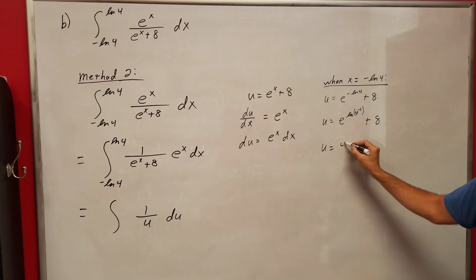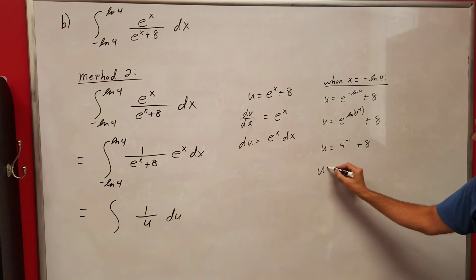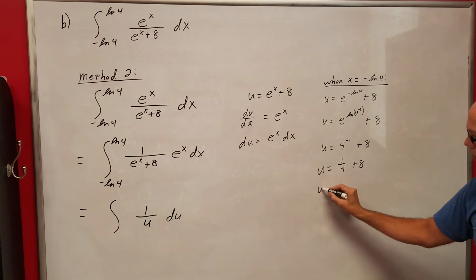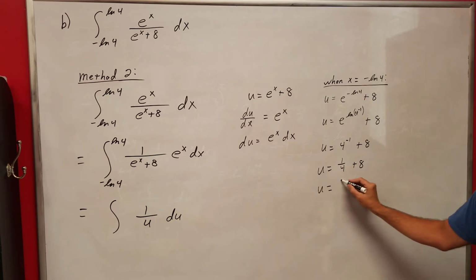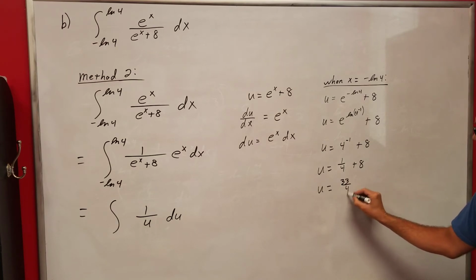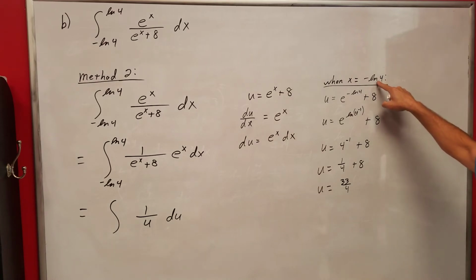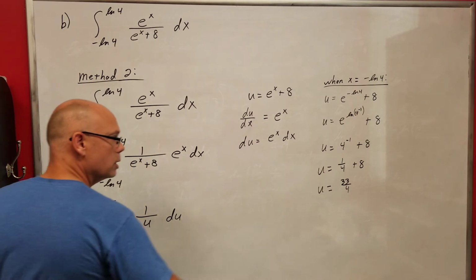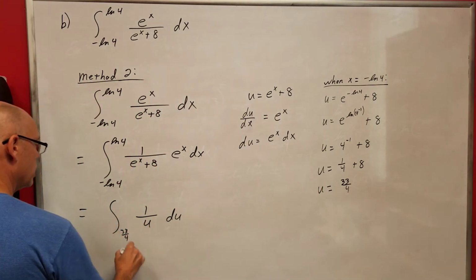Or u is equal to 4 to the negative 1 plus 8, which means 1/4 plus 8. And what did we say a little while ago whenever we did this problem? We said that that's what? 33 over 4, right? So when our old limit of integration was negative natural log of 4, what's my new limit of integration for my lower one? 33 over 4, right?